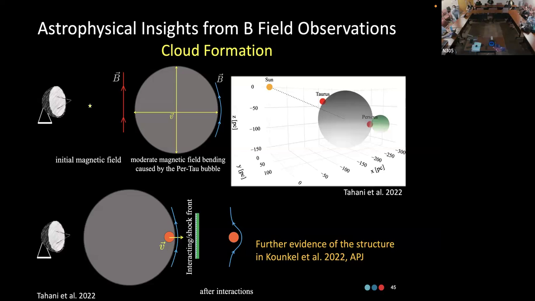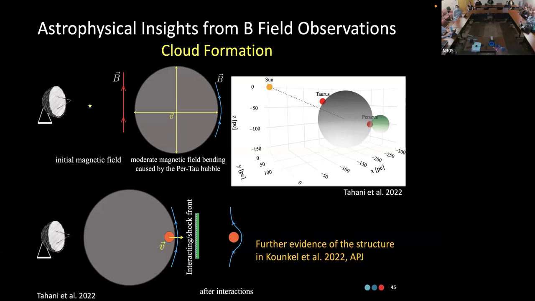Because of that, I proposed that there must be another structure behind the Perseus cloud. We don't know if it's a bubble or a sheet or what kind of structure it is yet, that has interacted with the field lines and has further pushed the H1 gas and the magnetic field, resulting in a sharp arc-shaped magnetic field morphology directly associated with the Perseus cloud.